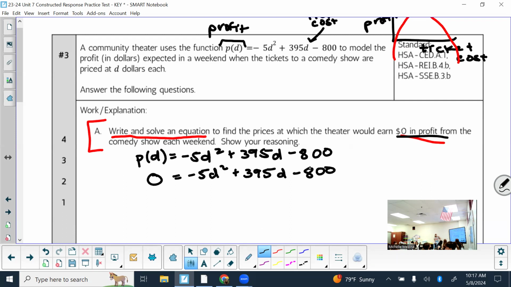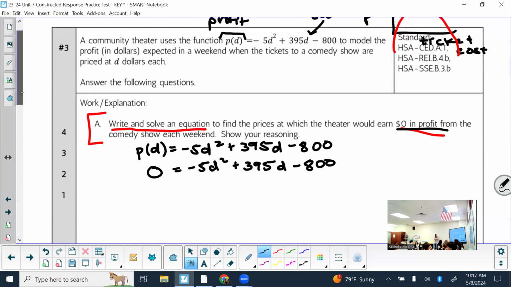Then you can use any of the 3 methods we talked about to solve. If you have to show your reasoning, don't use a graph, unless you can't do it any other way. So what method do you think would be easiest? Factoring, completing the square, or quadratic formula?